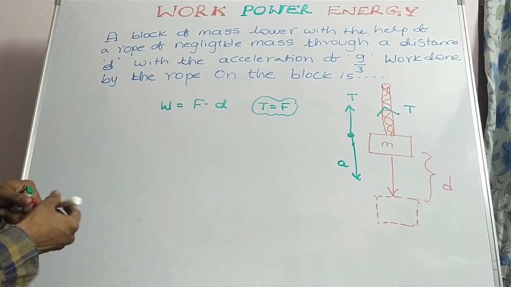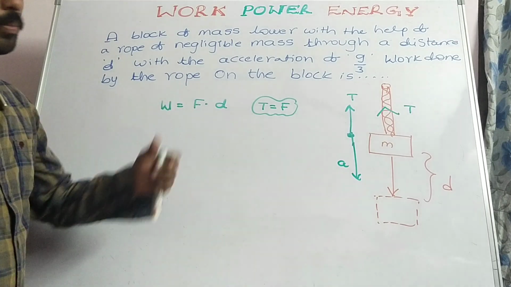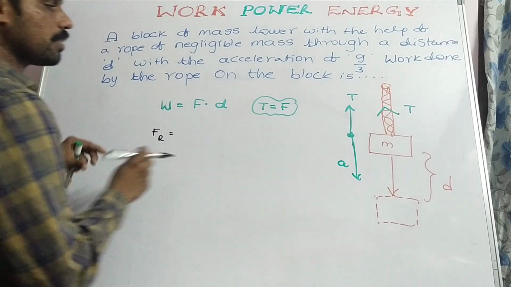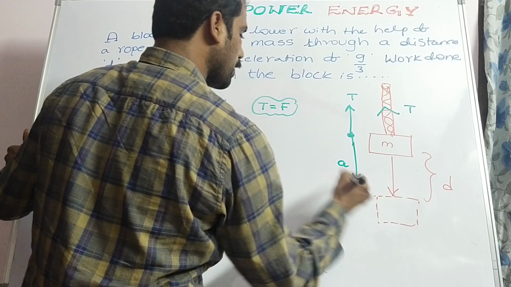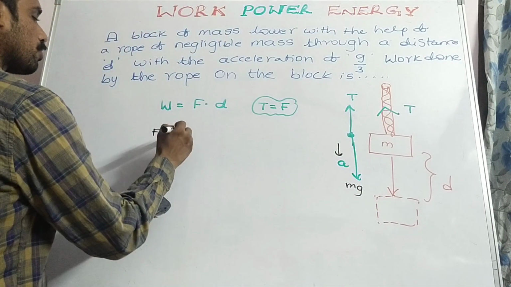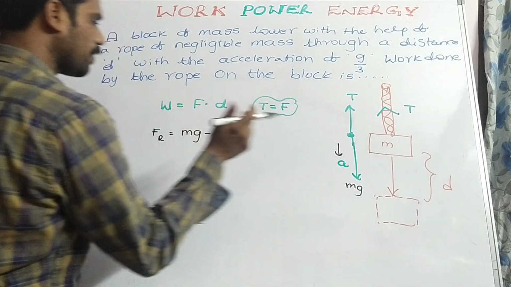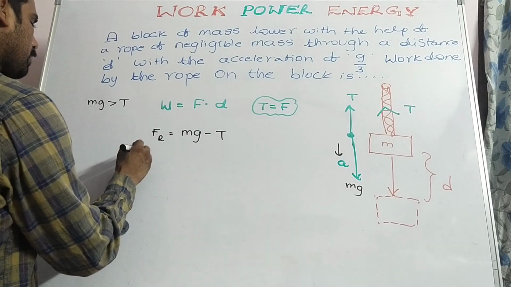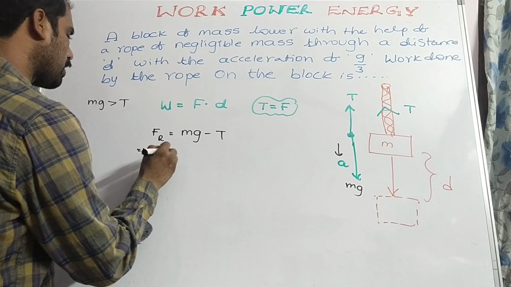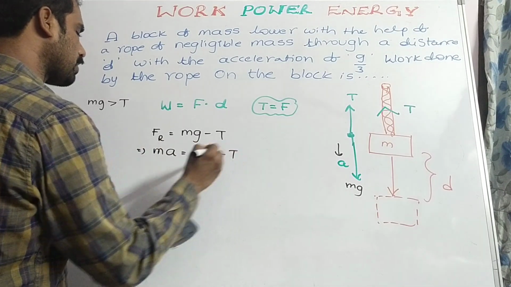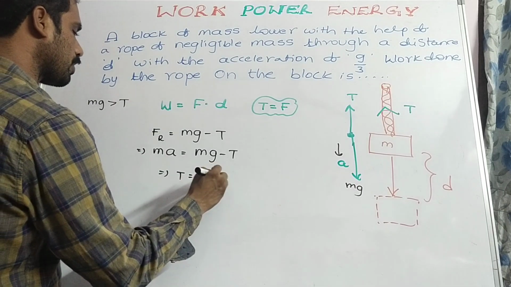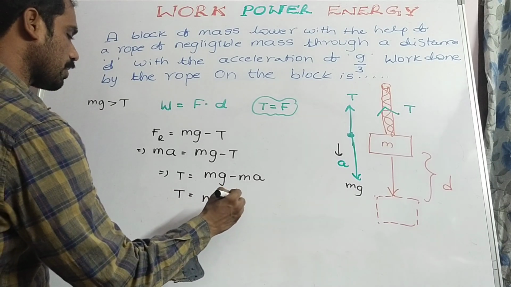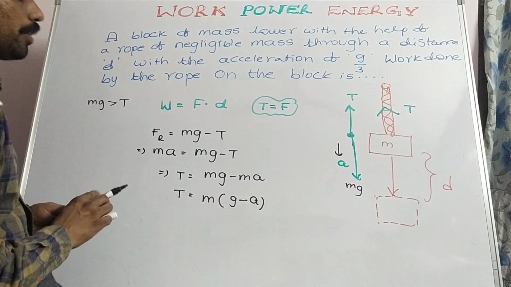According to the equilibrium condition, Fr is equal to, as the weight of the body acts downward and the body is accelerating downward, mg minus T, because mg is greater than T. So Fr is mg minus tension T. According to Newton's second law, ma is equal to mg minus T. That implies tension T is equal to mg minus ma, that is T equals m into g minus a.